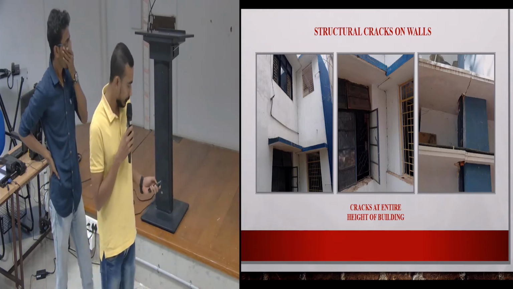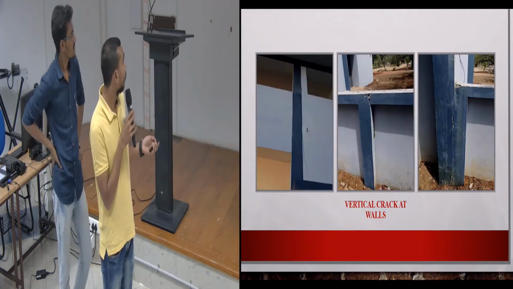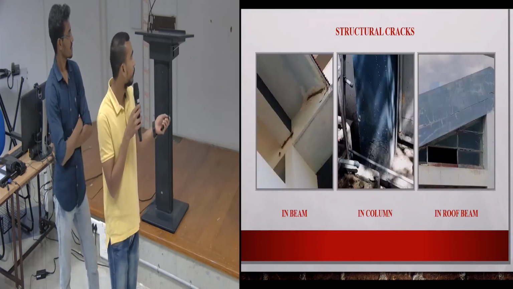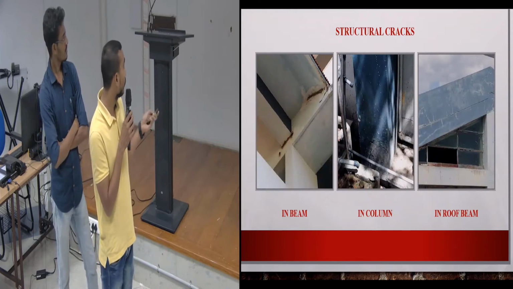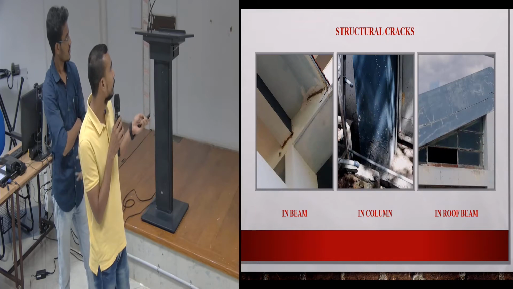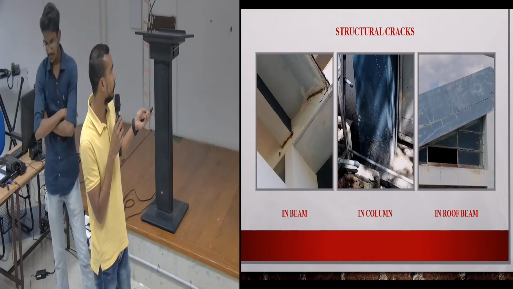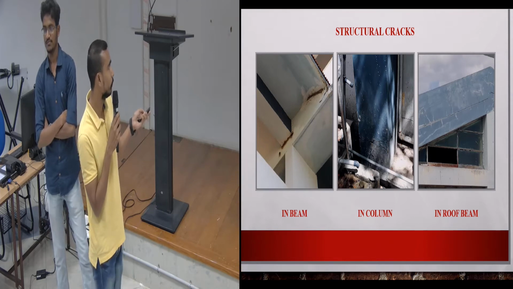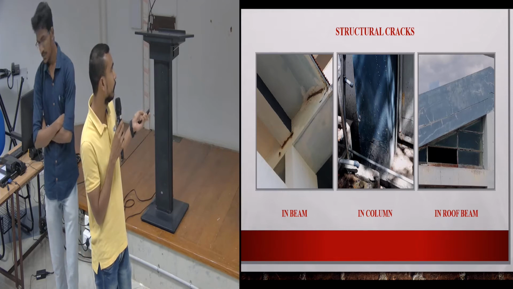Hi, my name is Manoj Kumar. I want to add some more points on these pictures. Here we can see that this is a newly constructed building, and this one is older. Because of this improper connection, that's why the crack occurs here.